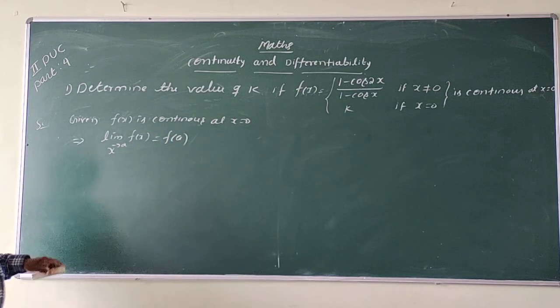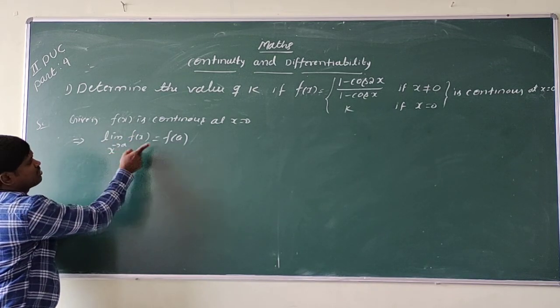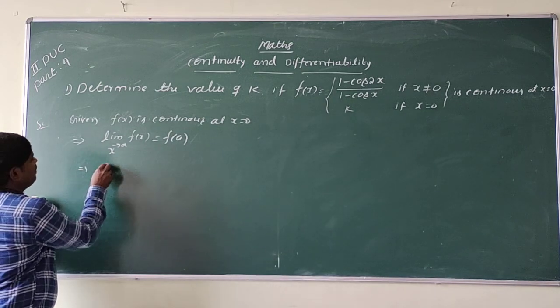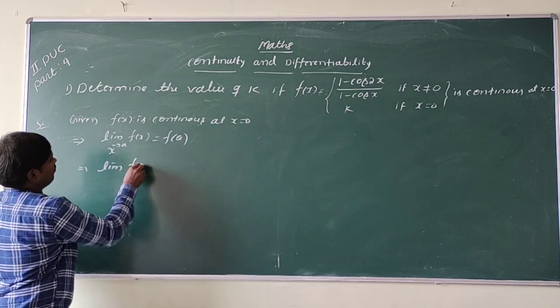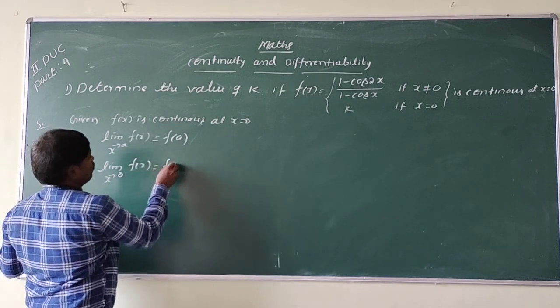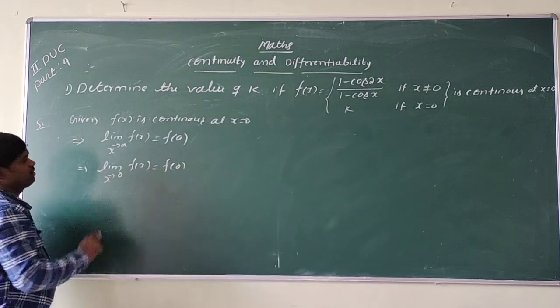Given the function is continuous, the limit of f of x as x tends to 0 is equal to f of 0. In place of a, here we are taking 0.